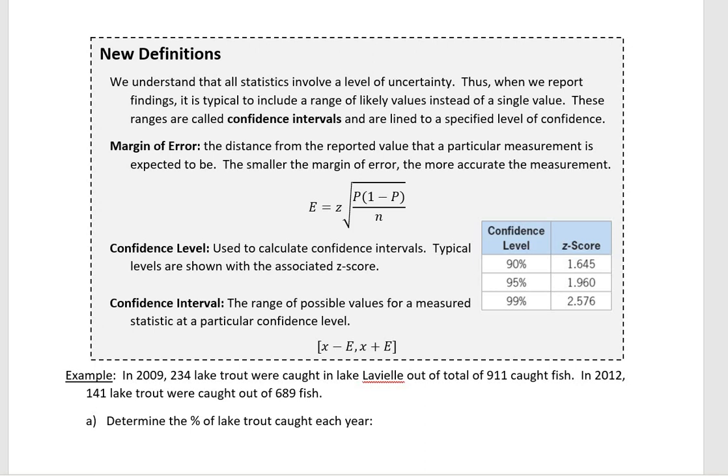So in real statistics, we understand that everything is based around probability. There's always uncertainty. When we take a sample, our sample is not going to perfectly represent the population. Sometimes you get a good sample and you get a very good representation of the actual population.